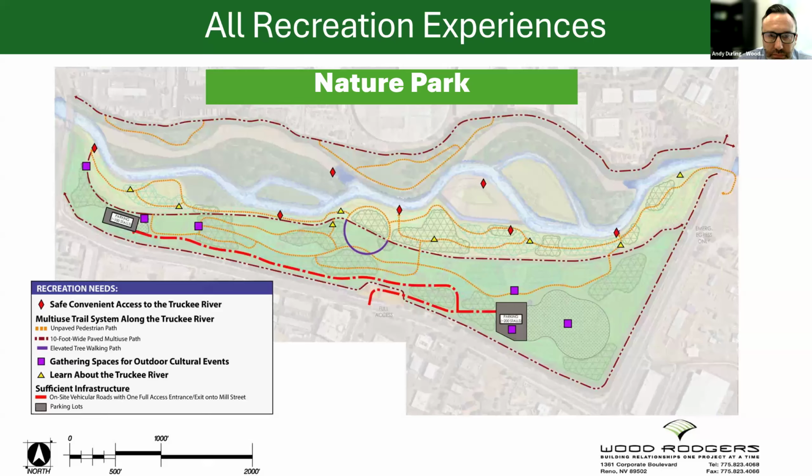Next slide. So this combines all of those elements, those priorities that have been established. For the nature park, again, safe and convenient access to the river identified in those red areas conceptually, the multi-use trails throughout, gathering spaces for outdoor cultural events, opportunities to learn about the river in the yellow, and then sufficient infrastructure in this alternative would be on-site vehicular access, getting folks into the site from Mill Street, and then some small parking areas.